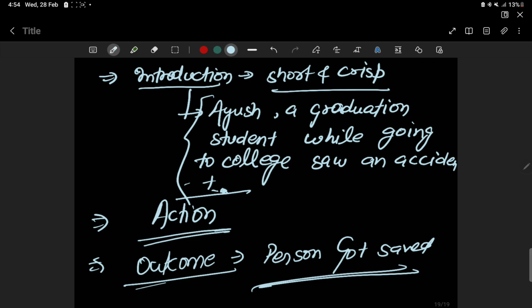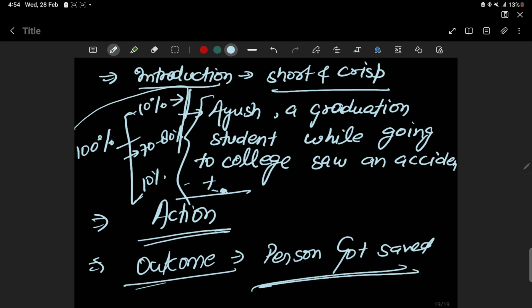Now if you divide it into a 100% scenario, then 10% of your story should be introduction, 70 to 80% action, and 10% should be your outcome. This should be your brief about story writing.